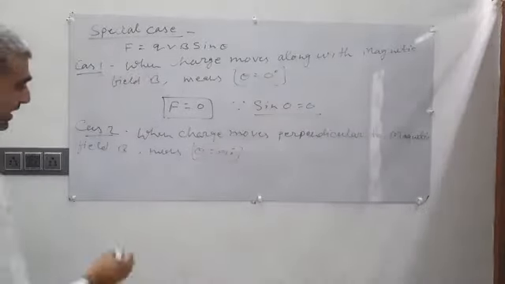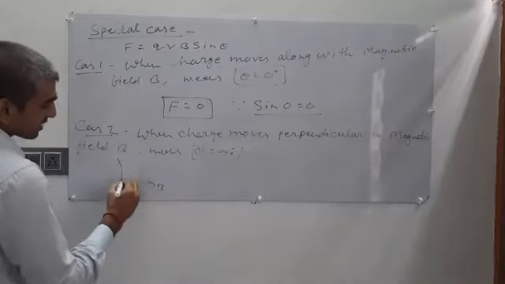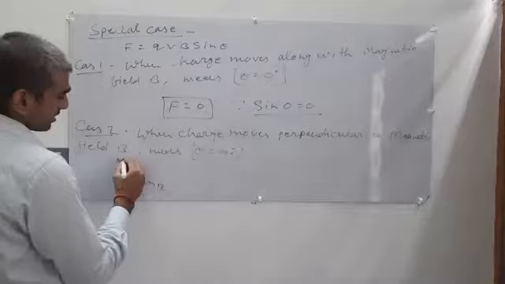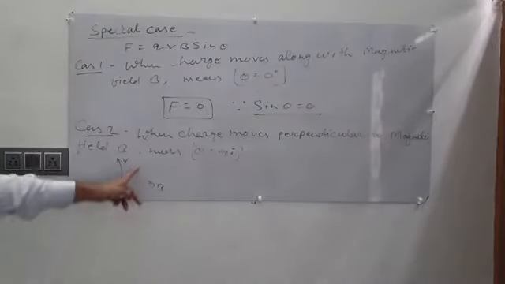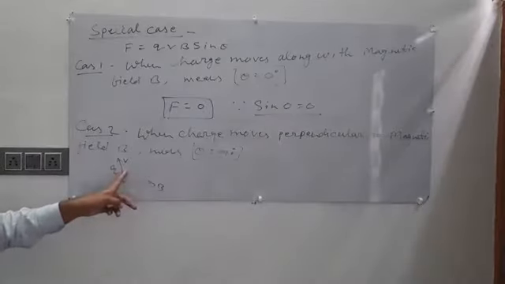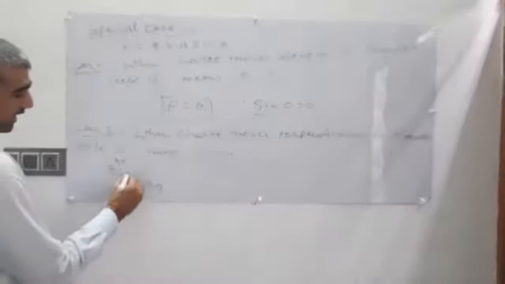Now the case is when our magnetic field is in this direction and our charge moving direction is 90 degrees with the magnetic field. That means this one, and this is the charge. This charge moving direction makes angle with B of 90 degrees.